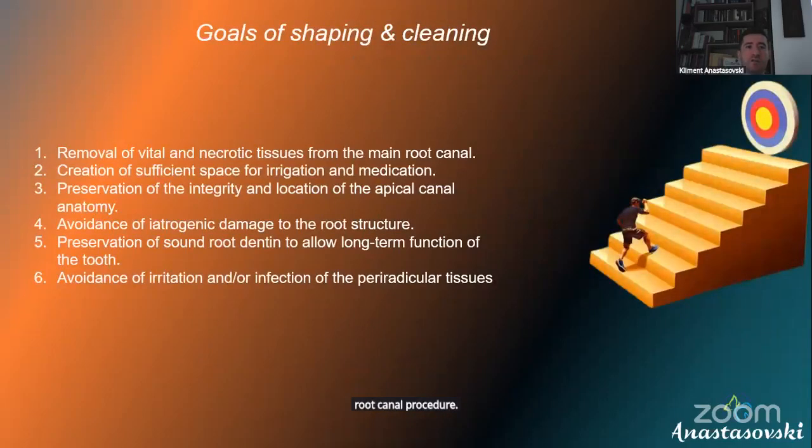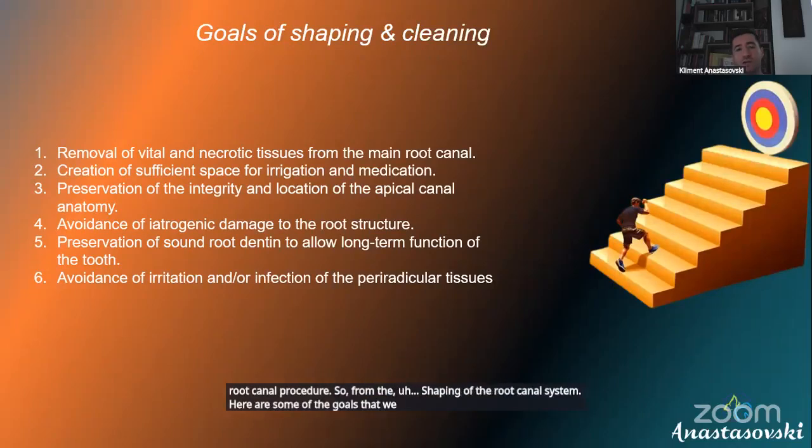So from the shaping of the root canal system, here are some of the goals that we need to take care of. There is the removal of vital and necrotic tissues from the main root canal.